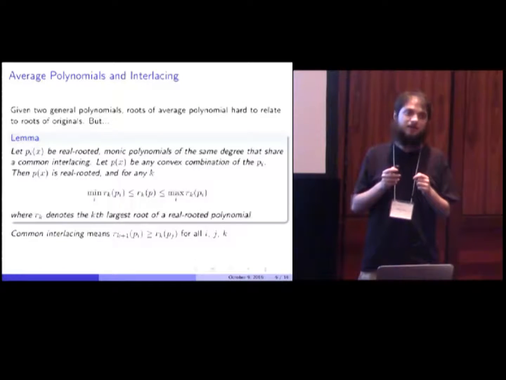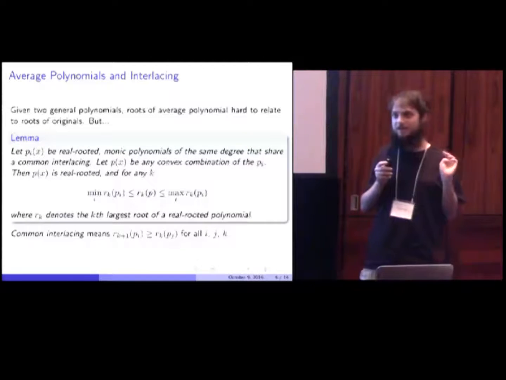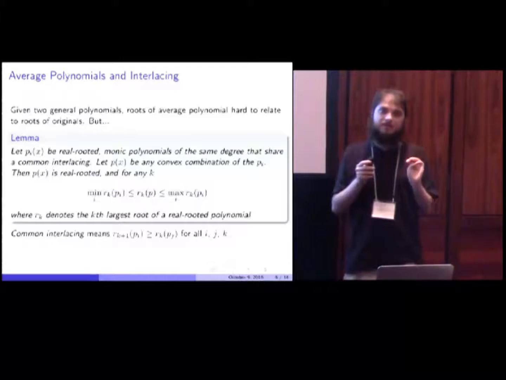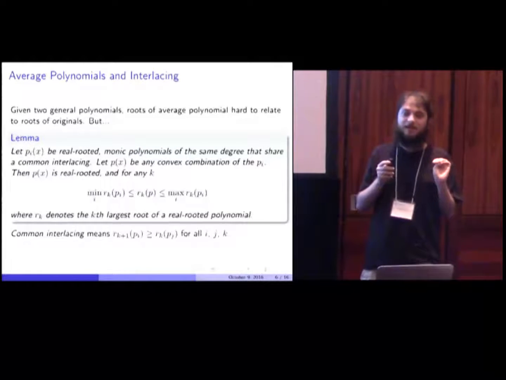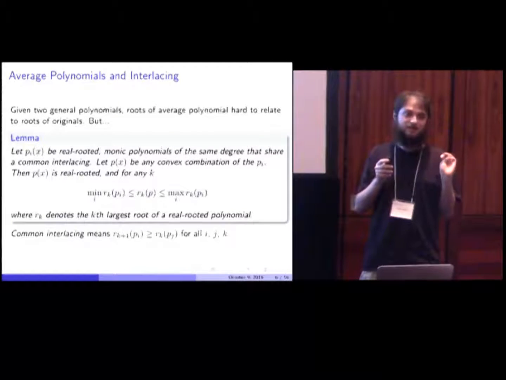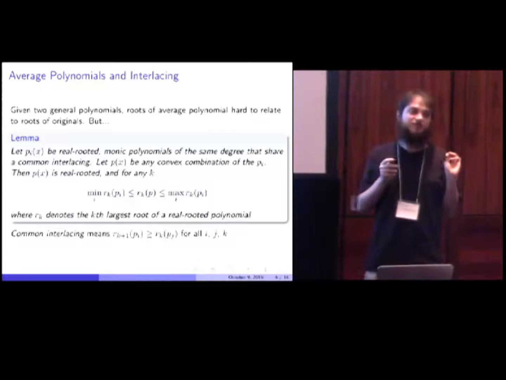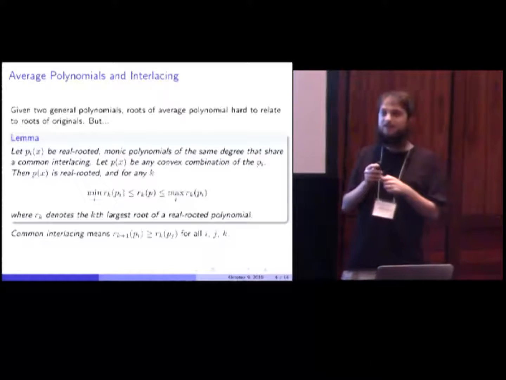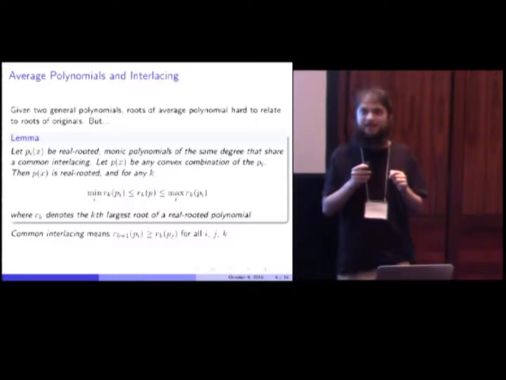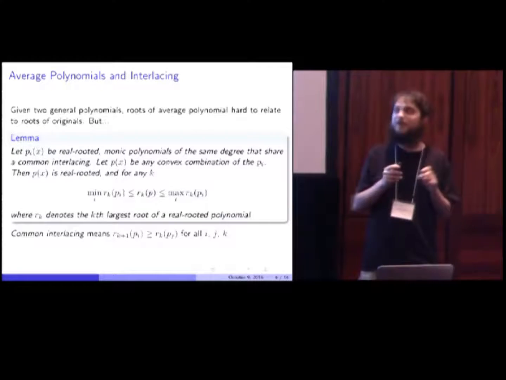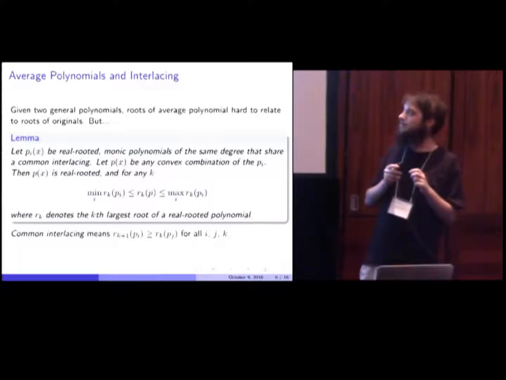In particular, if you look at the kth root, it could be the last root in this case, but you can pick any k. The kth root always ends up somewhere in the span of the kth roots of the polynomials you averaged, somewhere between the smallest kth root and the largest kth root. It can never move out of the domain of the polynomials you're averaging, no matter how you're averaging.